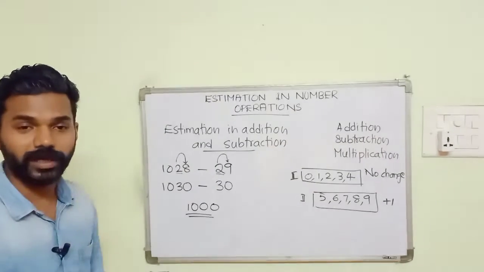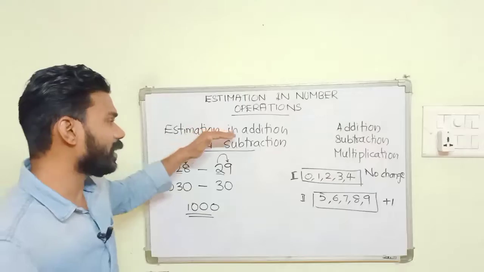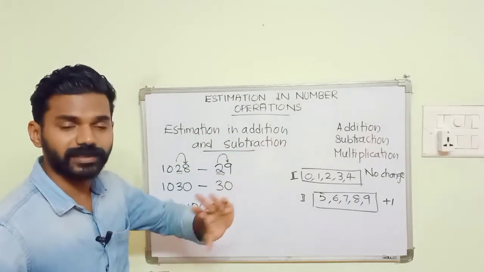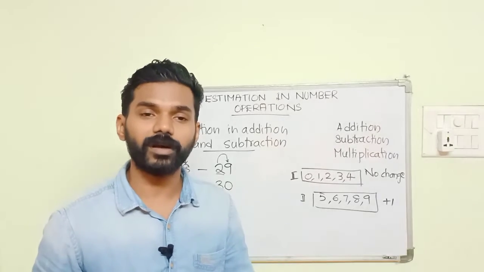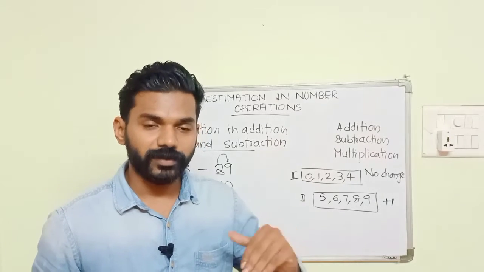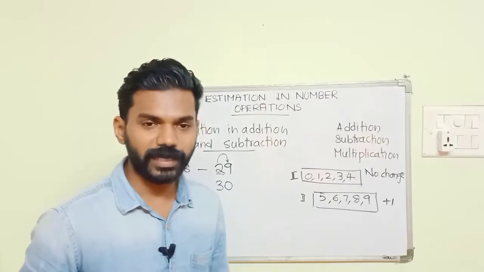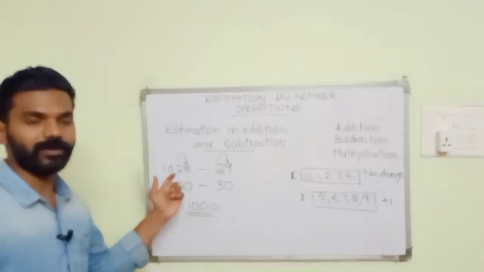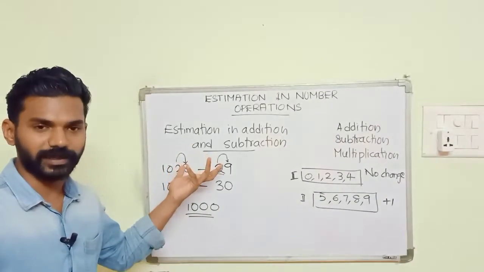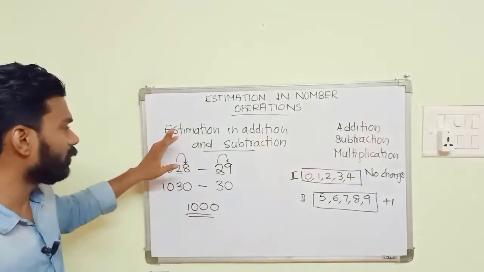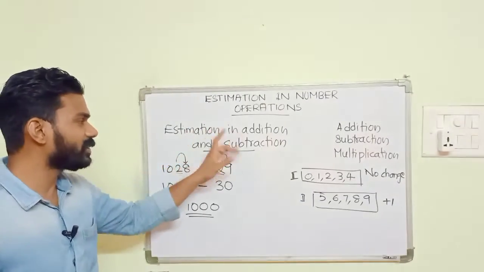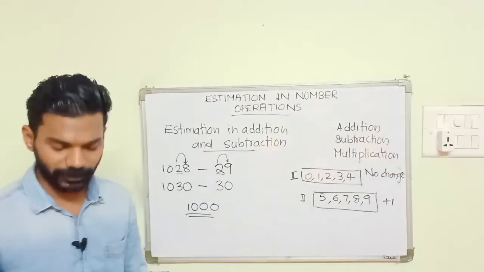So in rounding off, whether it is addition or subtraction, there is no change. Both of the numbers have to be rounded off to the same place value. After that you can do subtraction if it is subtraction, addition if it is addition. That's all about the rule for estimation in addition and subtraction.